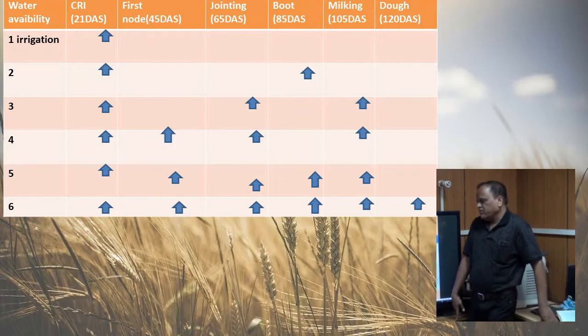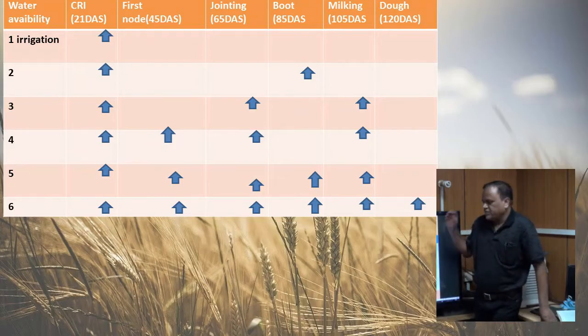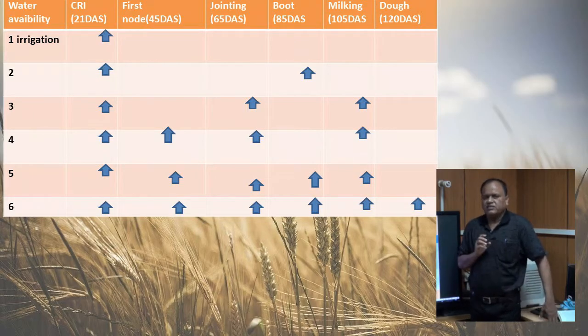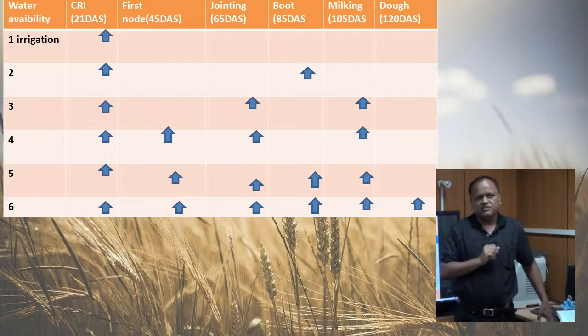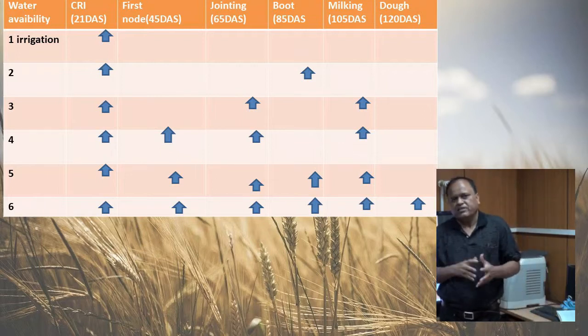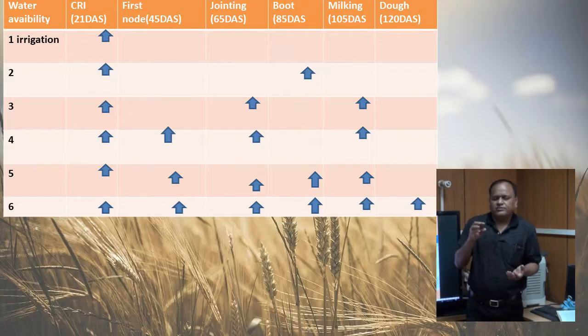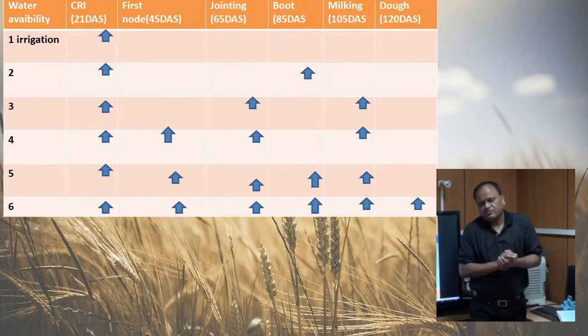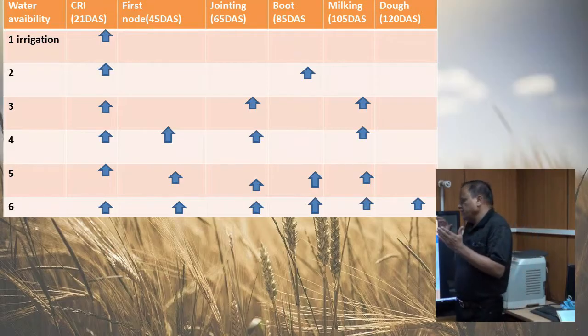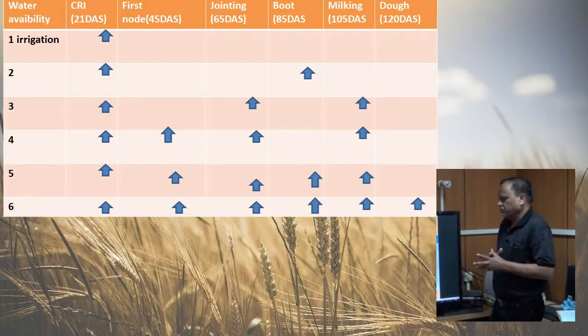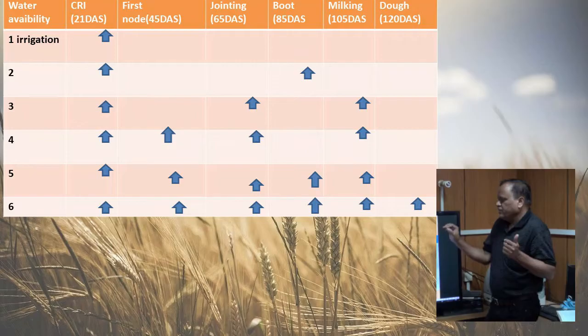So dear student, now you can know which stage is most essential for irrigation purpose. If I ask one question, if farmers have one irrigation, then when should he give the water? Definitely you should answer CRI stage. This type of question will be asked in different competitive tests also, so it is very important to memorize which stage is essential for irrigation.